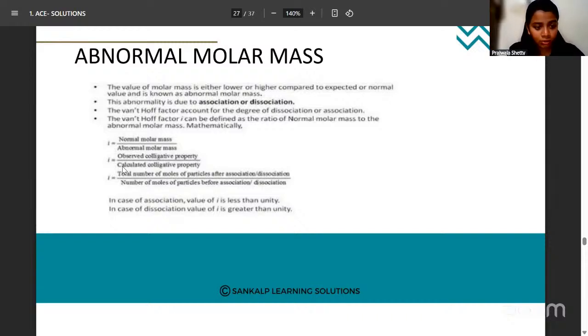So, understood, right? Generally they ask what is reverse osmosis. What do you say reverse osmosis is? The direction of osmosis is reversed, or the flow of solvent from higher to lower is there in osmosis, whereas here you have to say lower to higher through a semi permeable membrane, and you have to mention an example for it.